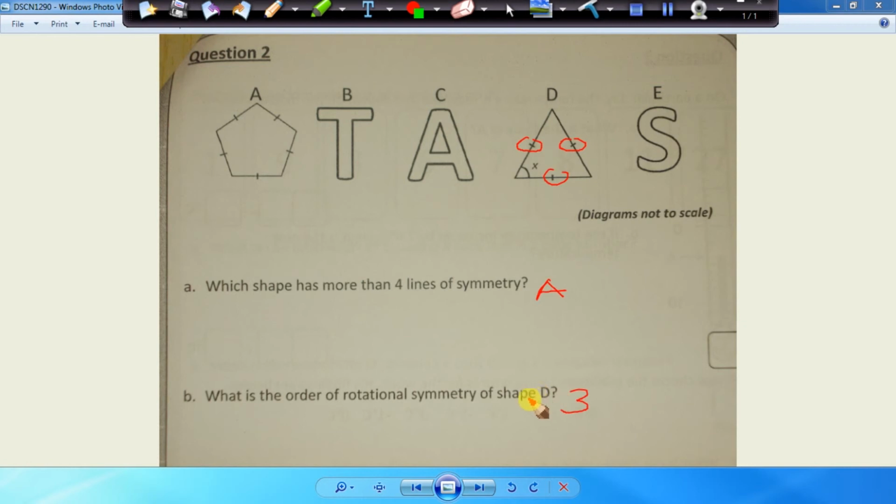Okay, good. Question 2C, I'm going to read it to you. Which two shapes have an equal number of lines of symmetry? So which one is it? B and C. So B has a line of symmetry here. There should be a straight line, folks.